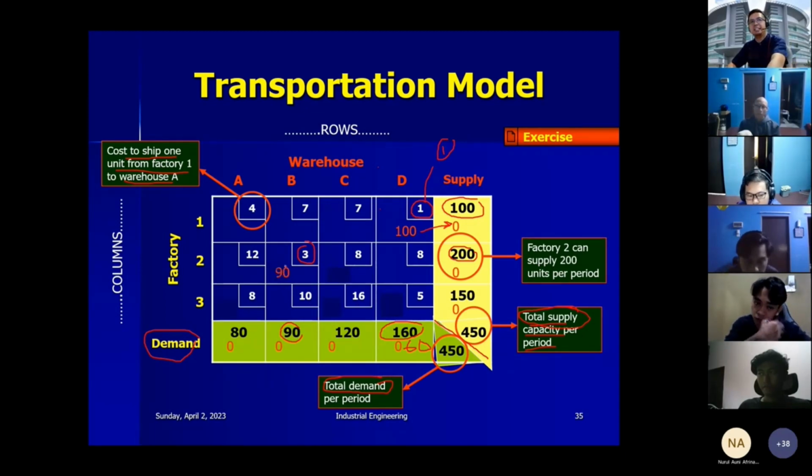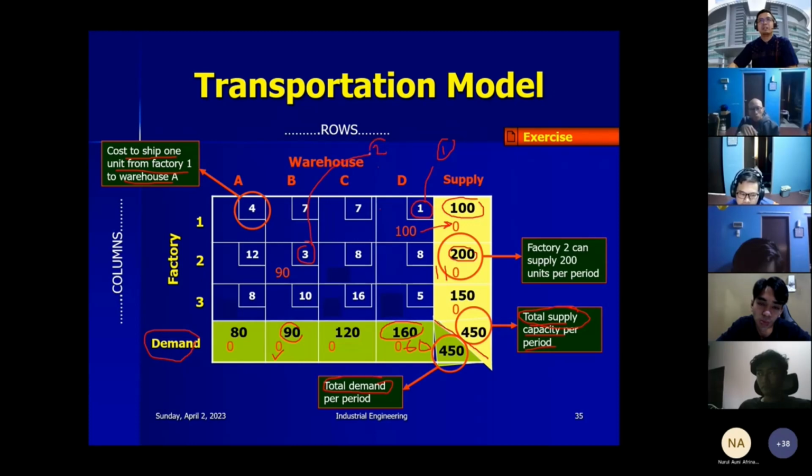So we put 90 here. 90 minus 90, we will get 0. But 200 minus 90, we will get 110. So this balance is 110, and this one is 60. This is number 2, the second lowest.